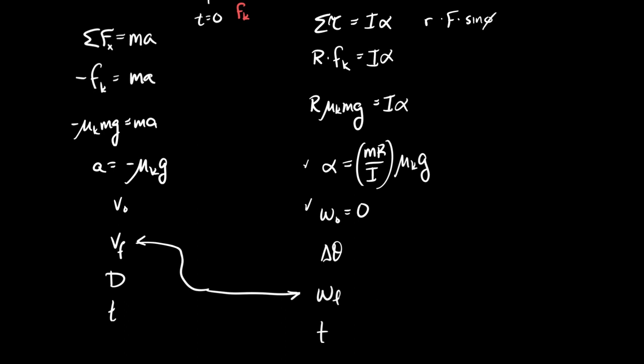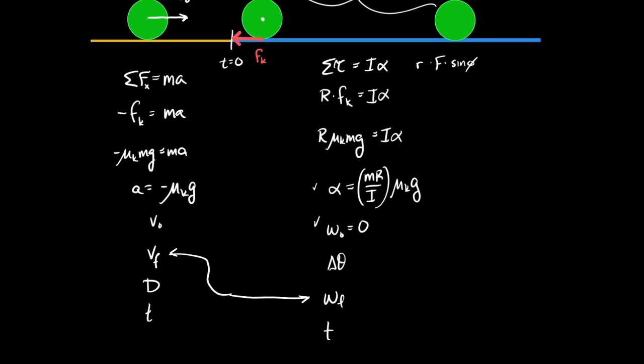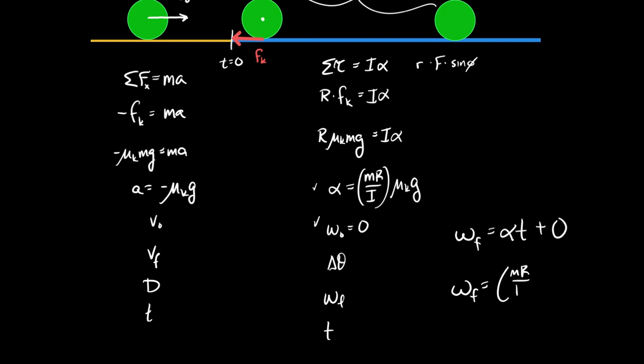As the object slides to the right, the angular speed is increasing. In fact, the angular speed is going to equal this, right? That's how the angular speed is increasing. So the angular speed will be mr over I mu k g times t.